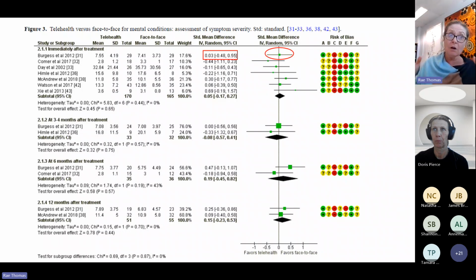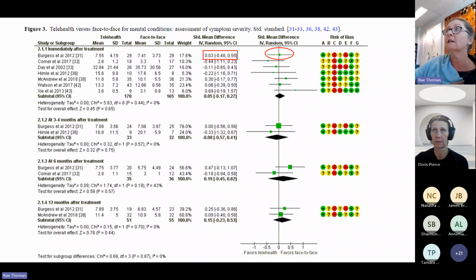We feel pretty confident that the real number lies somewhere between minus 0.48 and 0.55, right?